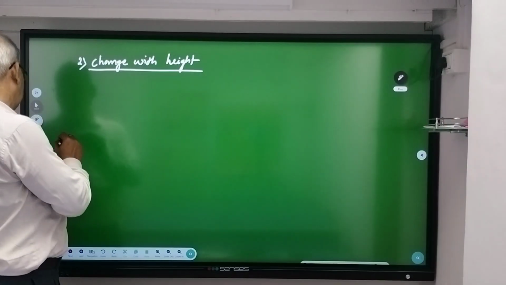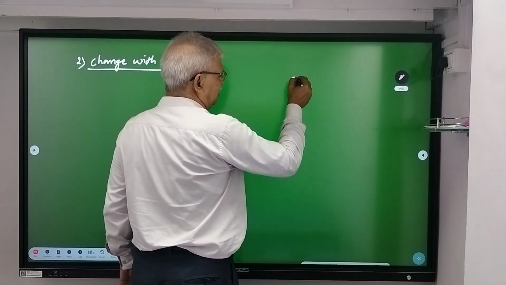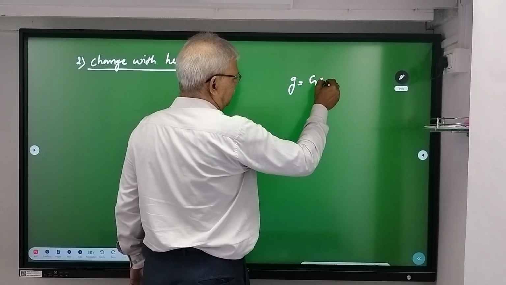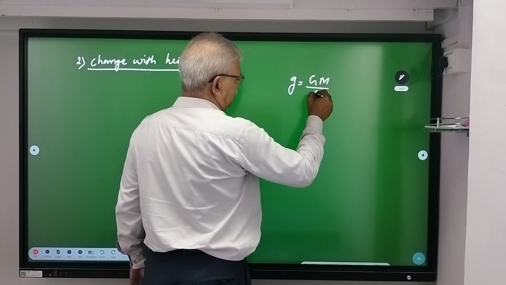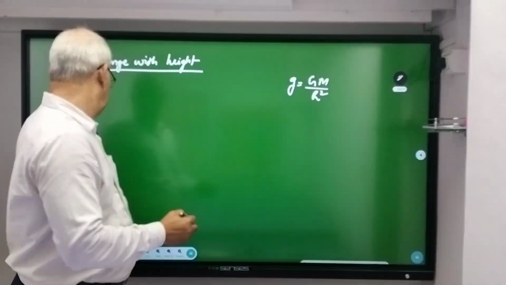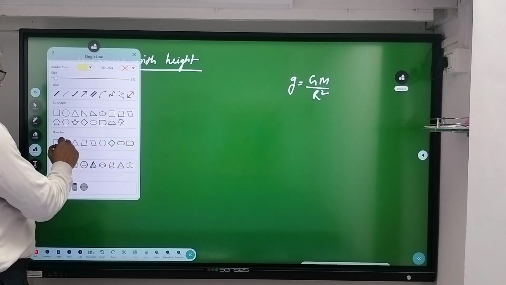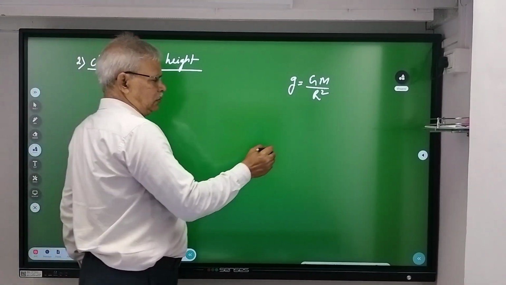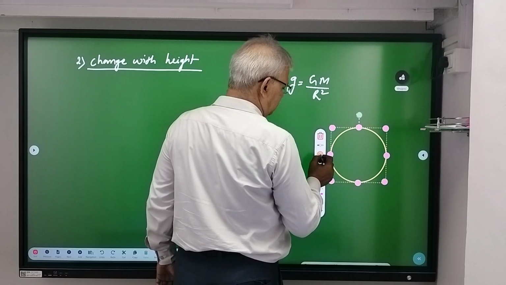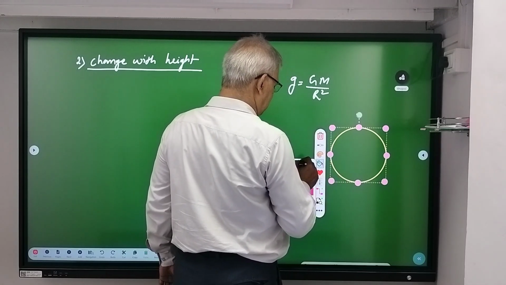Now see here, I am going to write here the formula G is equal to G M upon R square. Now see, as the height will increase, I am going to draw, suppose this is the Earth here.